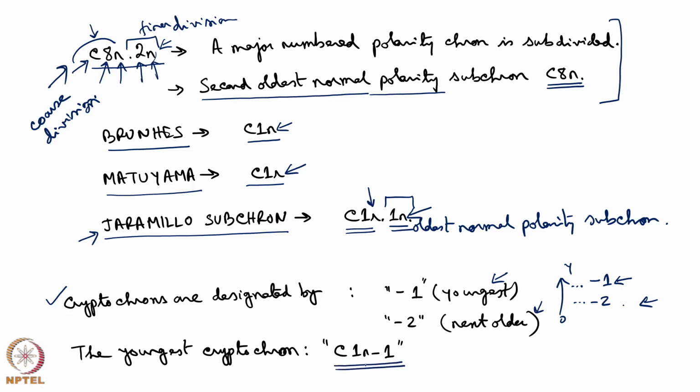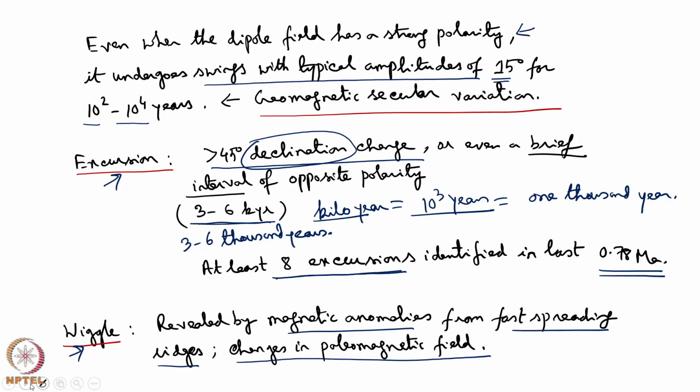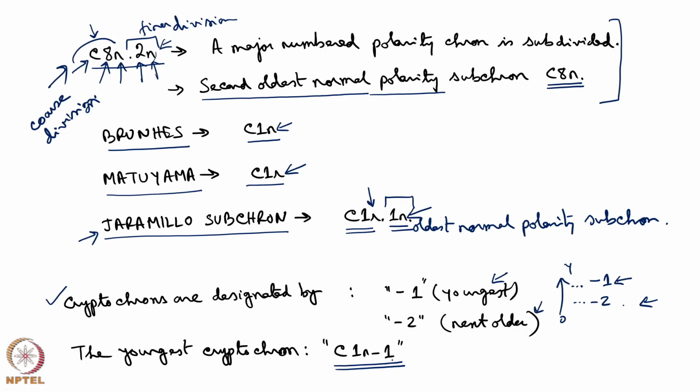So, what does C1N dash 1 mean? This means in C1N, the Brunhes one, there can be several cryptochrons. The youngest one will be given by C1N dash 1.